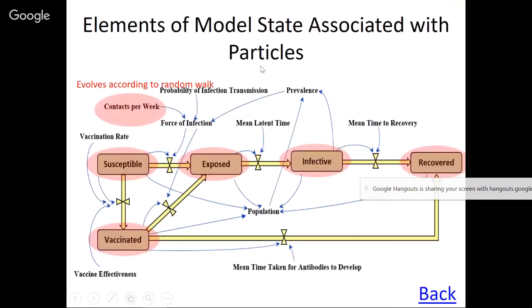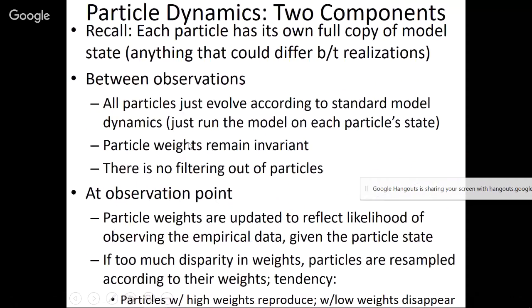We just are running this model with particular values for each of these state variables associated with that particle, and we run it until the next observation point. The weights of the particles remain invariant using the scheme associated with a condensation algorithm. And there's no filtering out of particles. All particles that start after the last observation continue till just before the next observation.